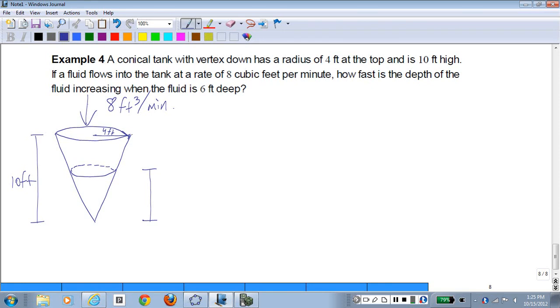Well, we're going to use V. What we know here is that the volume is V, and the rate at which the volume is changing would be dV/dt, and the volume is increasing at the rate of 8 cubic feet per minute.